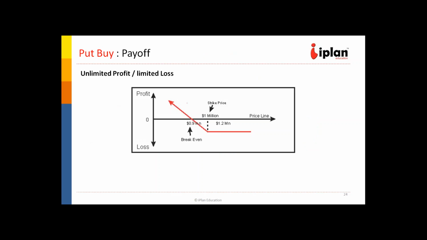Okay. So what is here? If price decreases, it rises. So the buyer of the put option will have unlimited profit. Not unlimited, till zero. Okay. So maximum profit will be the strike price. So if selling at 8100 and price goes to zero, so entire 8100 will become the intrinsic value.